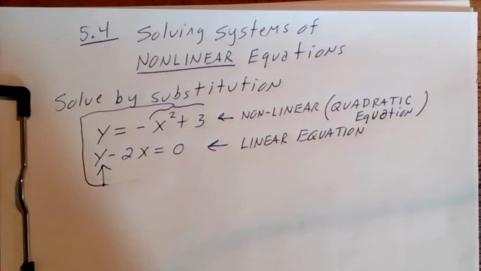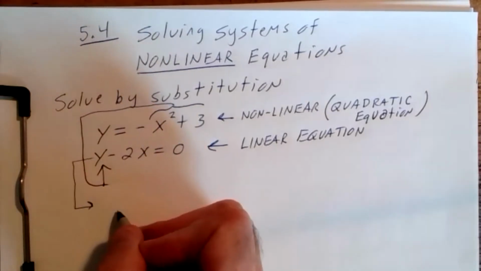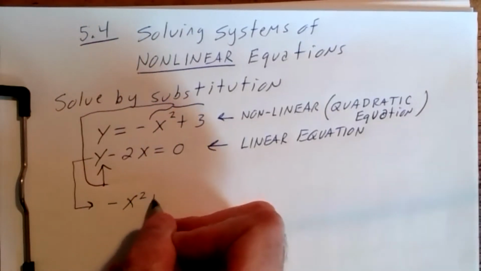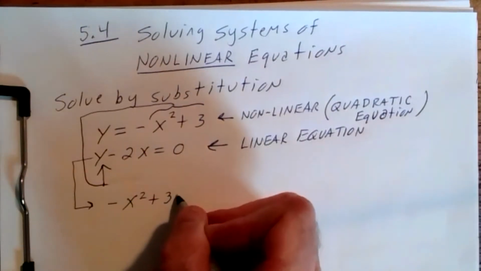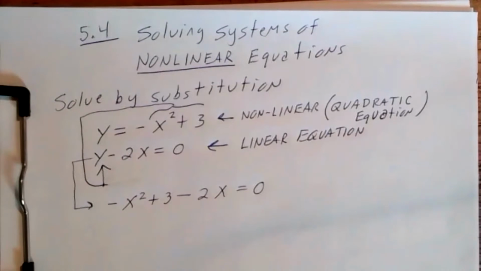Upon making that substitution, my second equation becomes negative x squared plus 3 minus 2x equals 0. And now we have to solve this quadratic equation for x.